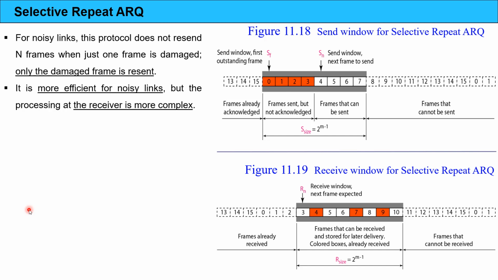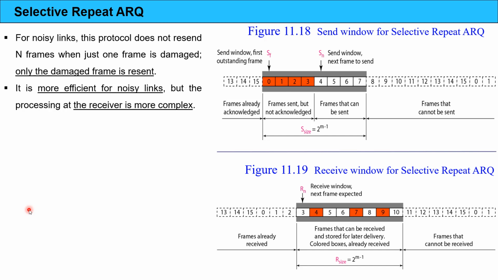I will store 2 and 3, so I will not discard them, but I am still waiting for 1. At least I will not discard or delete 2 and 3. Store them and wait for 1. So the next step, after timeout, the sender will retransmit 1.